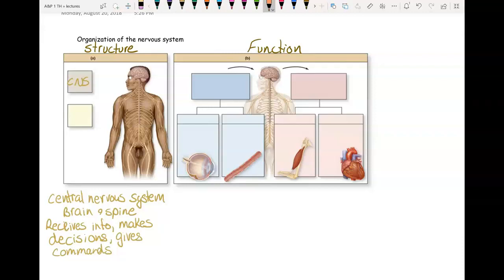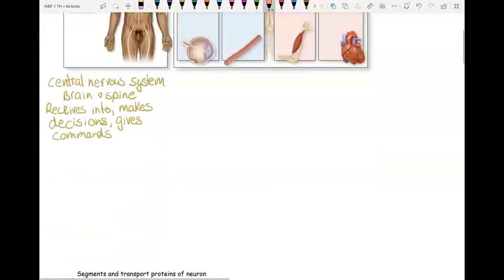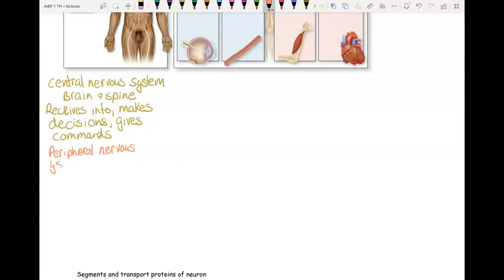Then we also have the PNS, which stands for peripheral nervous system. This is all the nerves out in your body. They connect the CNS to your body parts.